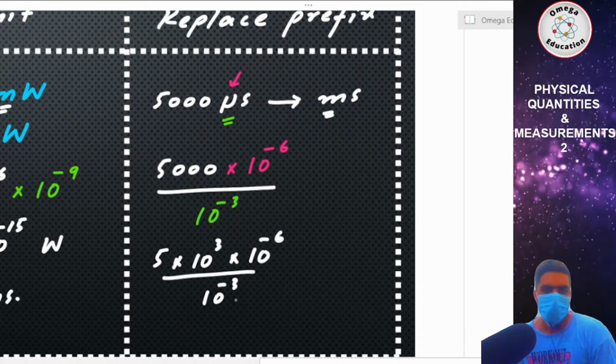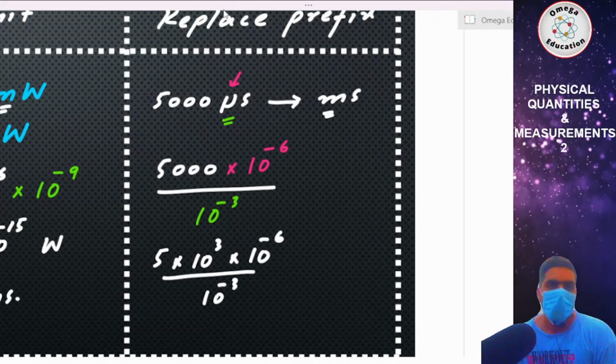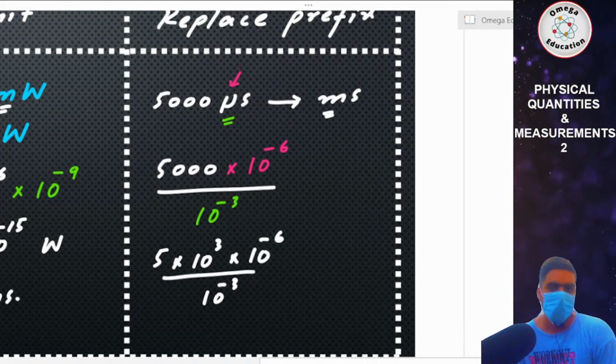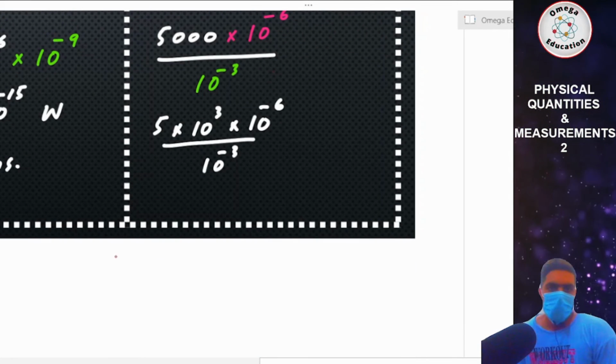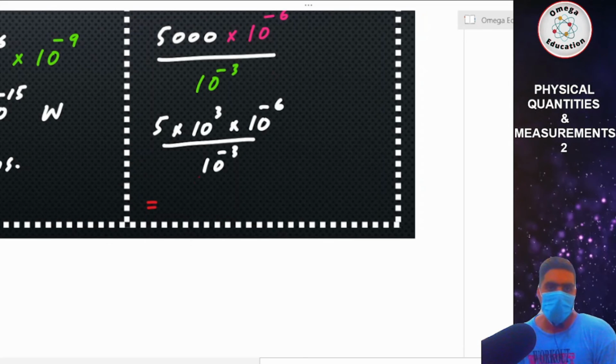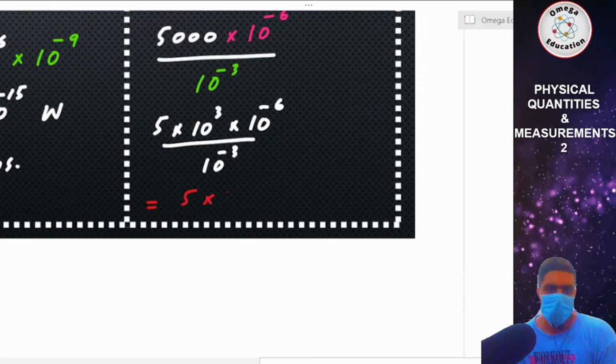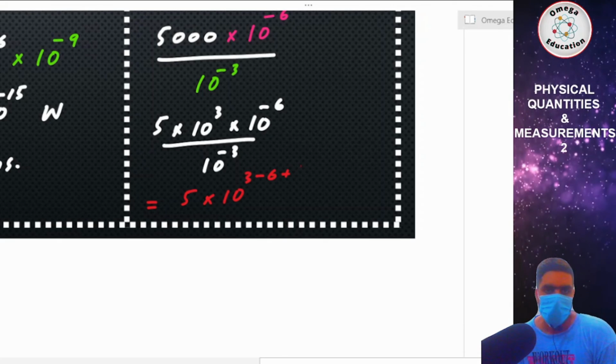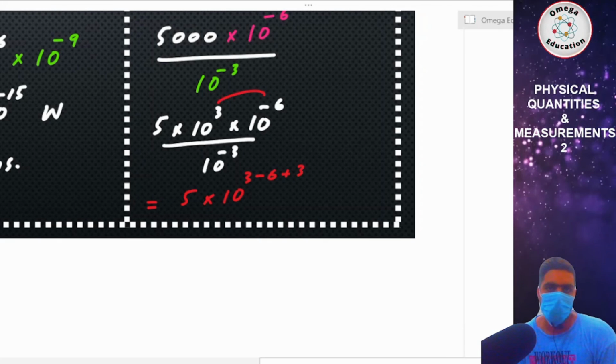And then we know there's a rule of combining the exponents, and the rule says after combining the exponents, it would be something like this: 10 to the power 3 minus 6 plus 3. So these two exponents would be added and this one would be subtracted.